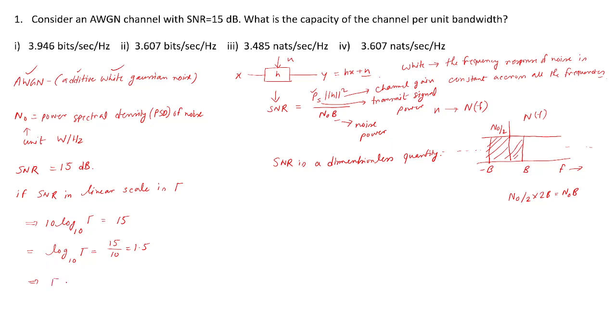Therefore gamma comes out to be 10 to the power 1.5. Let me check the value. It comes out to be 31.622, rounding to 3 decimals.